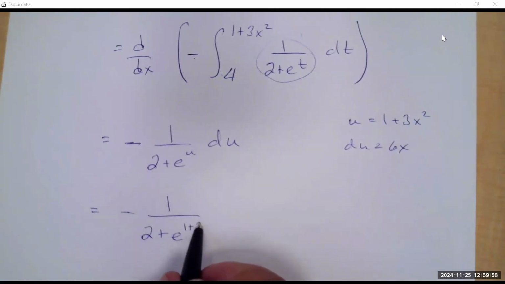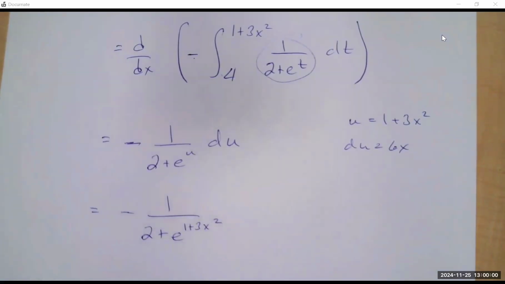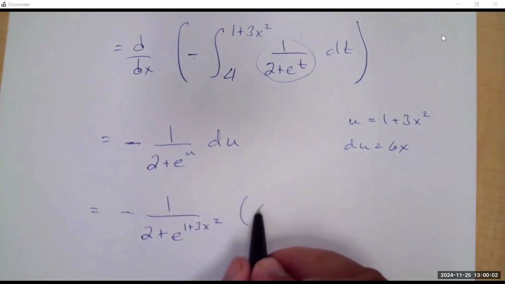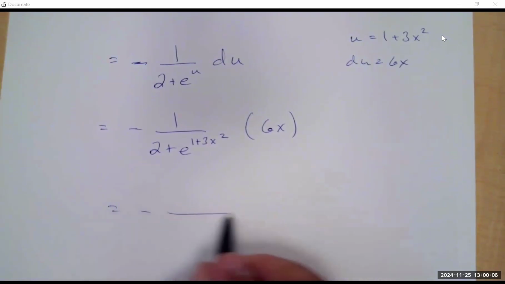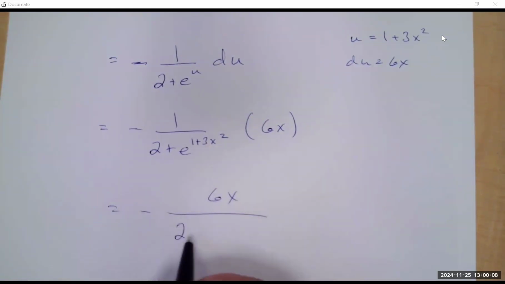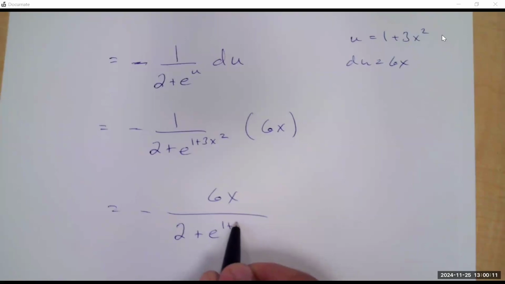U is 1 plus 3x squared, and du is 6x. So the answer becomes negative 6x over 2 plus e to the 1 plus 3x squared. It's exactly the same way we just did the last one.